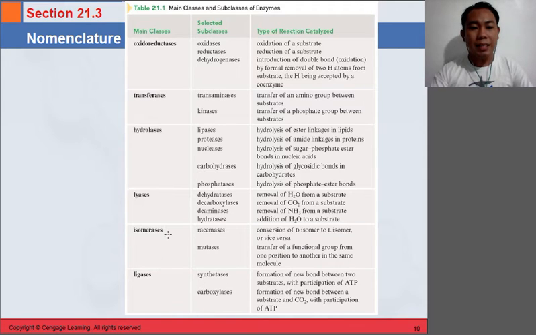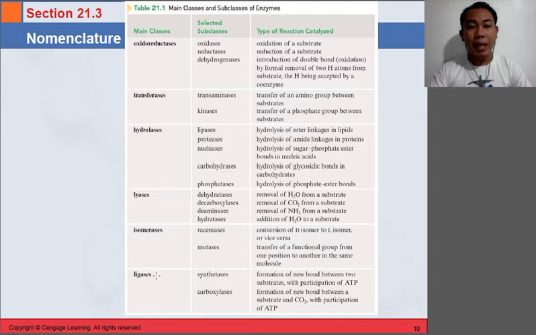Next main class is the isomerases. Subclasses are the racemases, the conversion of the D isomer to L isomer or vice versa. And we have also the mutases, the transfer of a functional group from one position to another in the same molecule. Thus, it is said to be the isomerases because it transfers these structures to a different form of isomer.